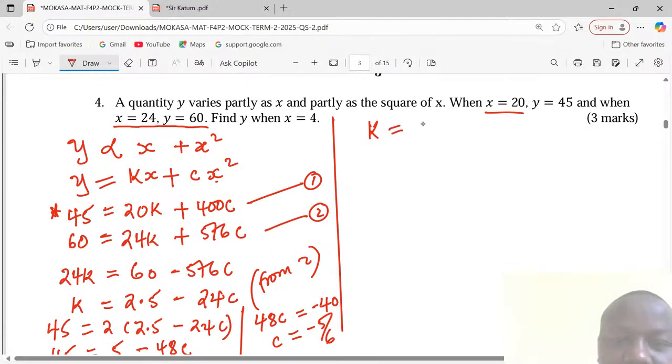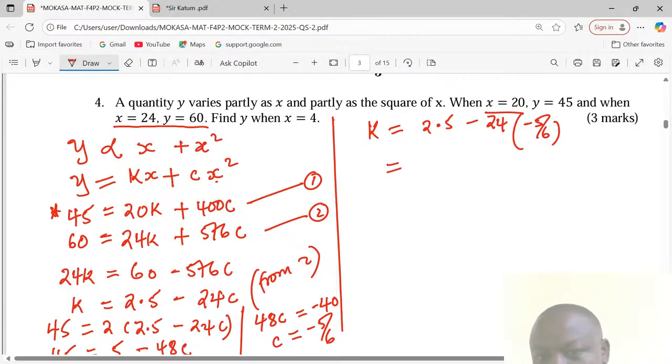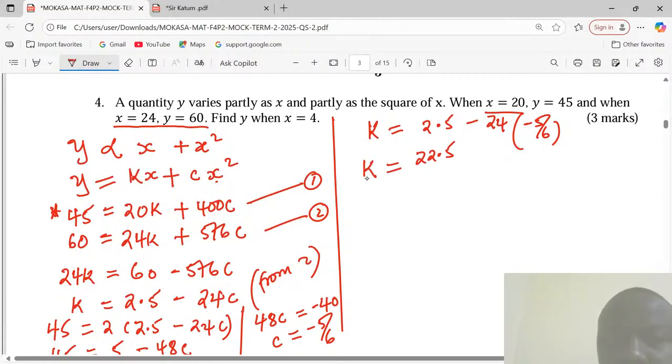K will be given by 2.5 minus 24 times the value of c, -5/6. So now with this, we'll be talking about -24 into -5/6 to give us 20. Then we add 2.5 and we get 22.5. So k equals 22.5.